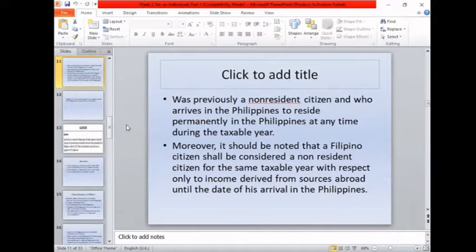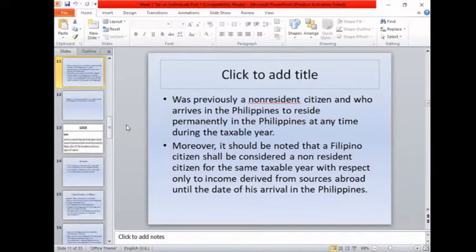But at the time that you go outside the Philippines from the month, let's say July of 2021, you left the country, and today is October, so it's more than 3 months. So you are still to be called a resident citizen. But if you stay for too long, because, for example, you want to stay for good in the other country, so you're now exceeding 6 months outside the Philippines, then you are to be called a non-resident citizen. So that's a change of status.